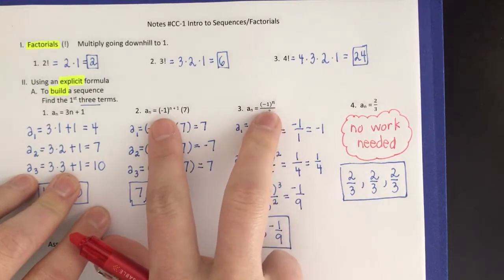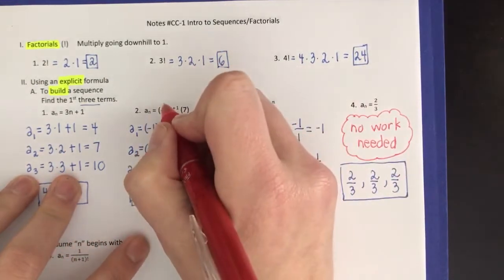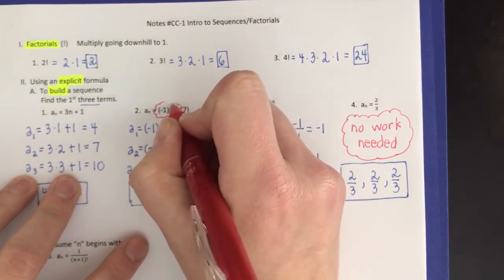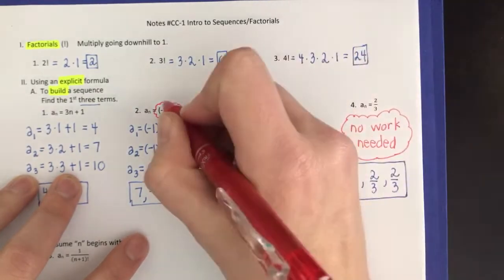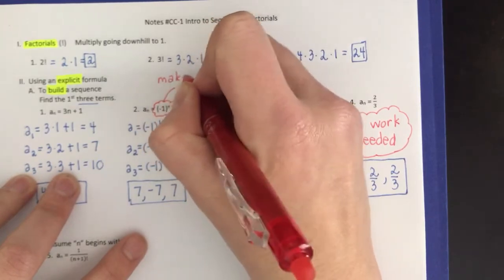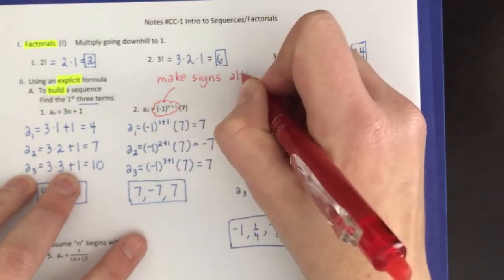And of course, it's going to be that negative 1 raised to some power. So this right here, and this right here are what make signs alternate.